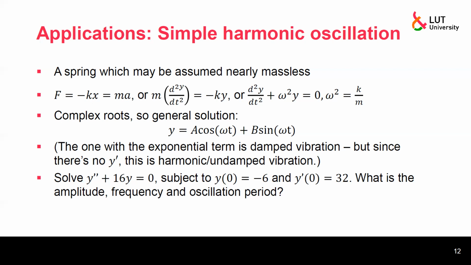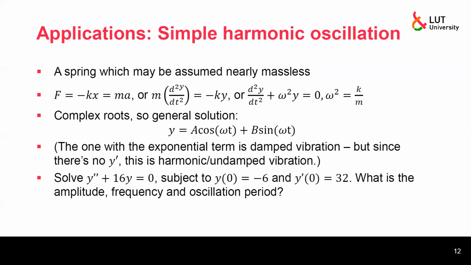In this case, we're already specifying harmonic oscillation, which means that the amplitude does not go down. And so we know that it will be a complex solution, so that we get those cosine and sine repeating waveforms there.